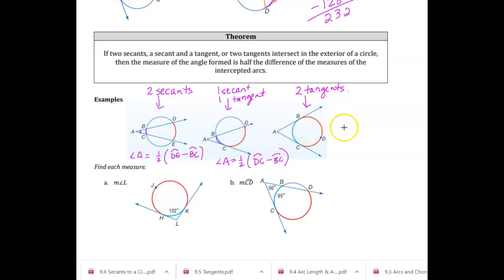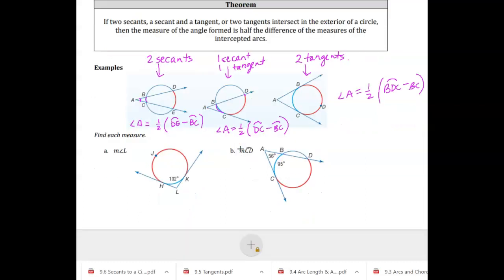And then our third scenario, angle A is going to be half of arc BDC minus BC. So they all kind of look different. I think the second one's probably the hardest one to visualize, but they all work.